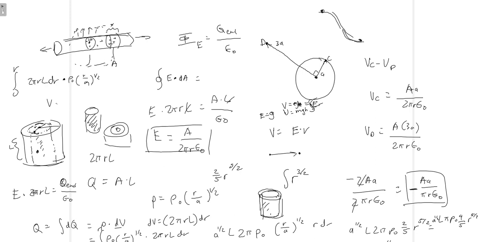And then we have 2 pi r on this side, so the 2 goes down, and then r to the minus 2 gives r to the 3 over 2, and L is gone, so it's rho naught over a to the 1/2 times r to the 3 over 2 times 2 over 5.